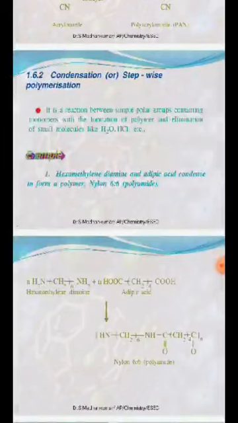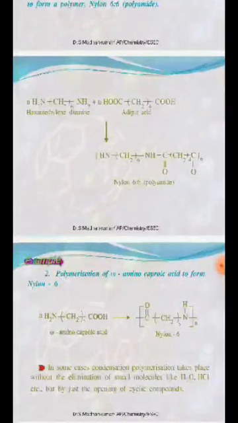It is one of the polyamides. Hexamethylene diamine and adipic acid condense to form the polymer nylon 6,6 polyamide. Second one, alpha amino carboxylic acid polymerizes to form nylon 6.